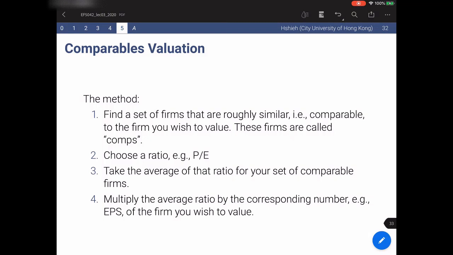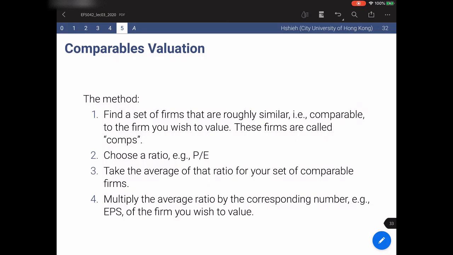Number 3, if you have more than one comp, and ideally you should have a lot, maybe more than 10, you would take the average of this ratio across all comparable firms, and then you can infer the value of the firm you're evaluating by multiplying the average ratio from the comps by that firm characteristic.